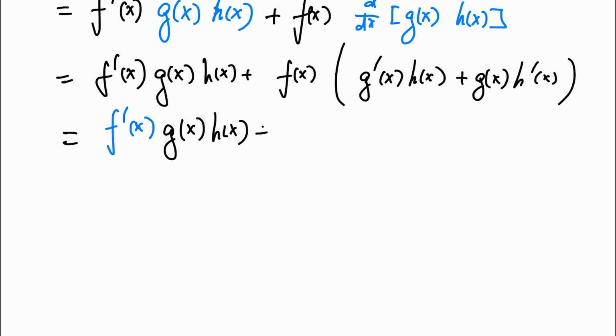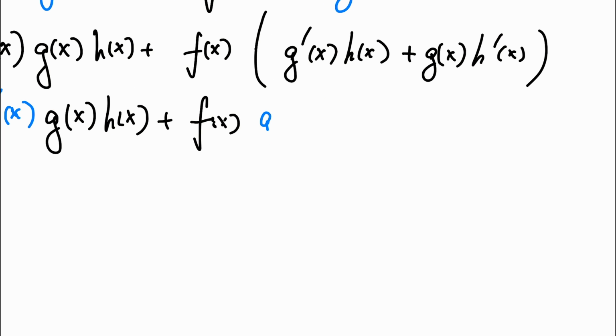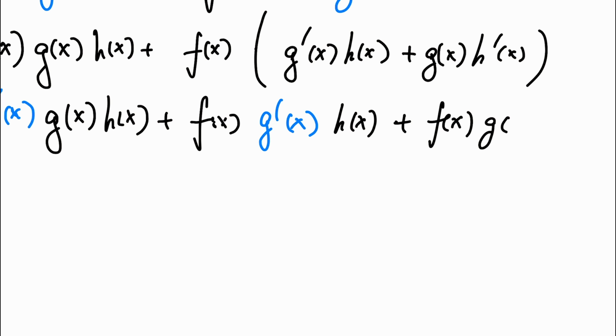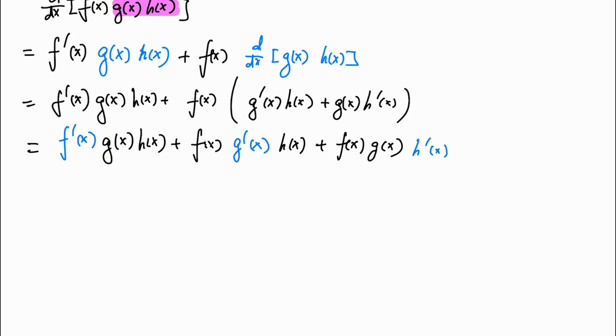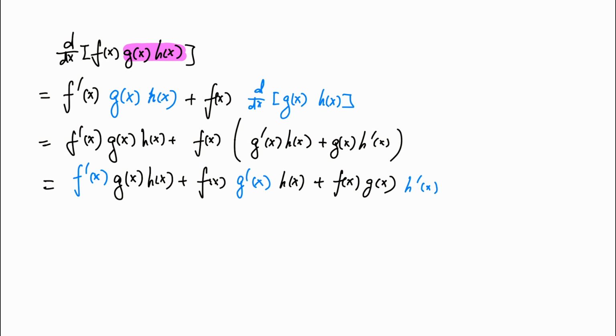Plus f of x times g prime of x times h of x, and plus f of x, g of x, multiplied by h prime of x. And that is the extended product rule.